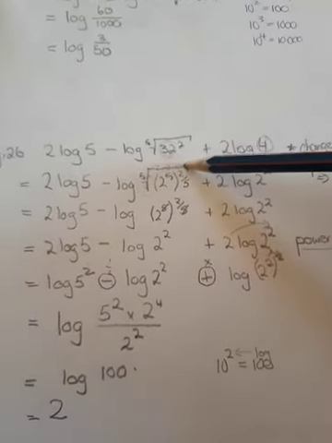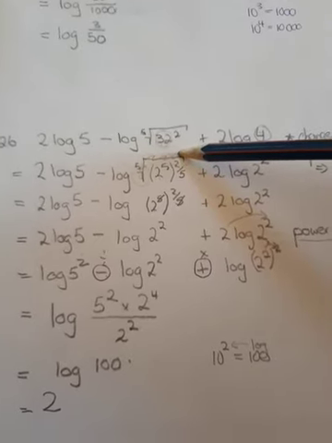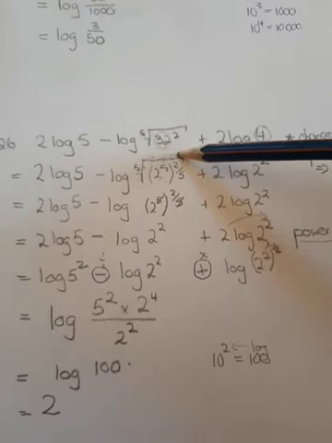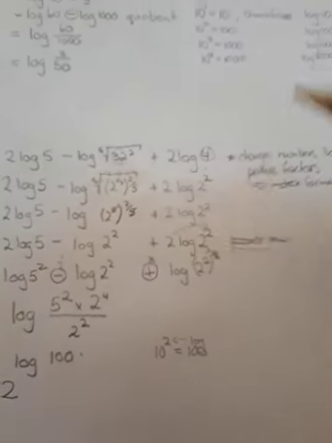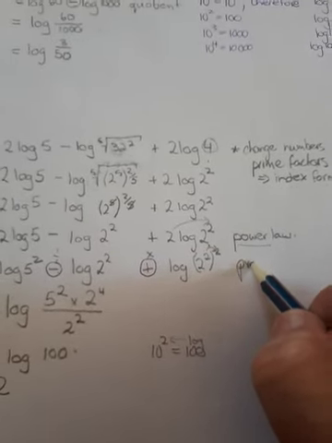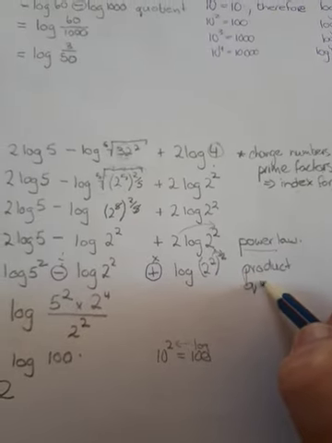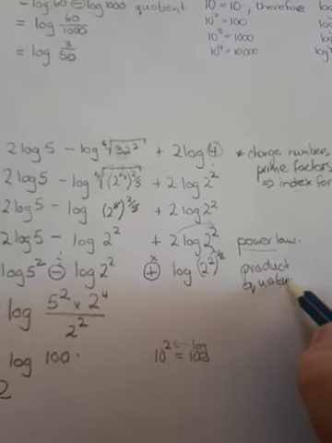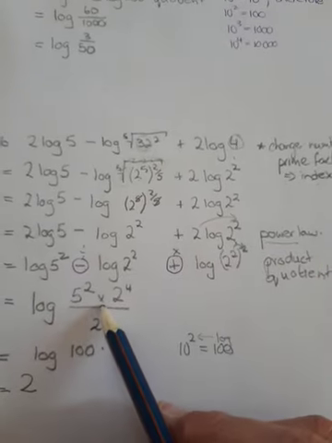So then we will always work from the outside in, which means we must solve the fifth root in this case. Thereafter comes the power law. Thereafter comes the product and quotient law. Both of these we can do together.